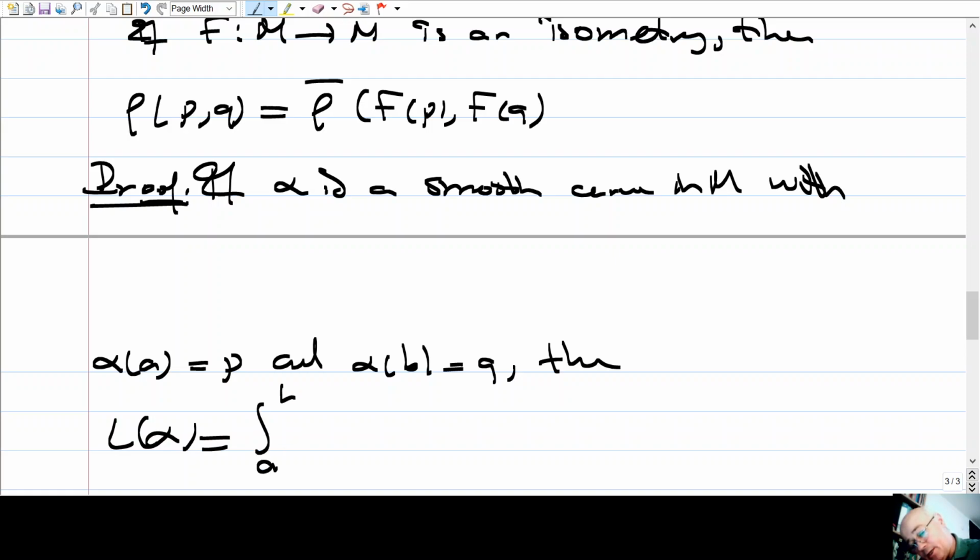It is the integral from A to B of the norm of alpha prime t dt.